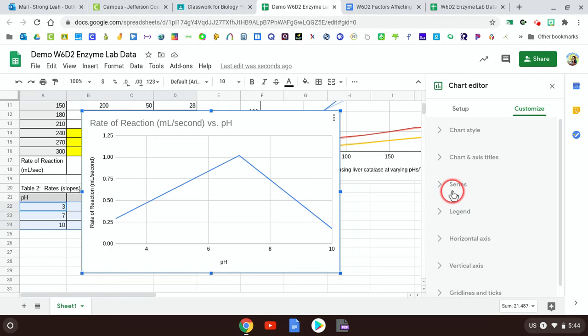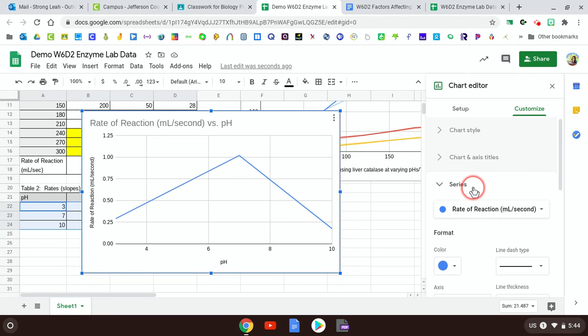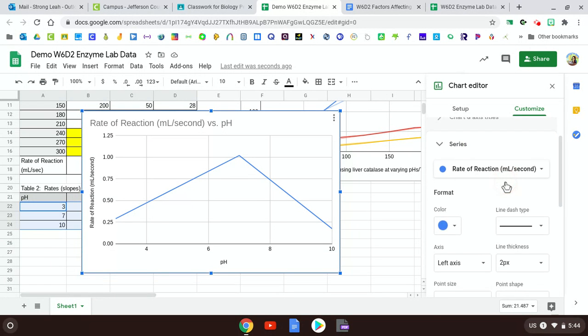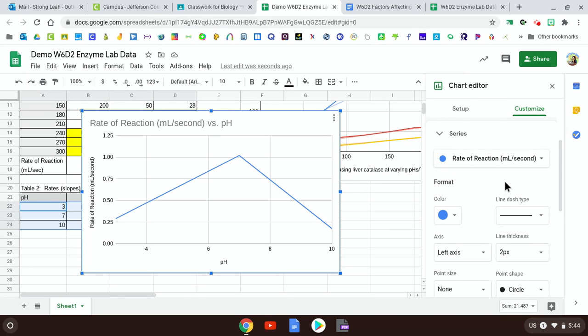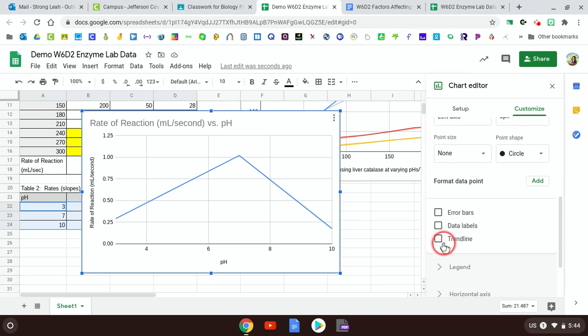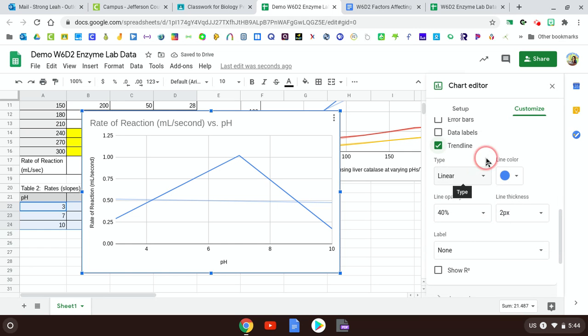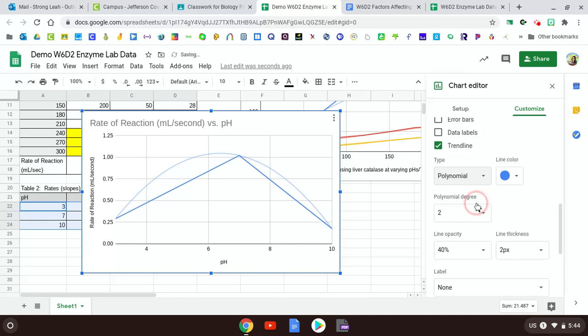So under series, which is the rate of reaction, you're going to want to put a trend line in. Now, last time we did a linear trend line, but this time we are going to do a polynomial trend line. And that'll help us see how the rate of reaction is occurring.